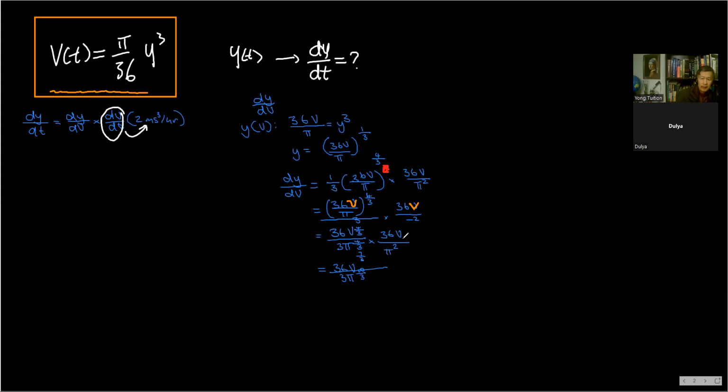You have converted the V to Y. Can you convert the V to Y? Replace V by Y by using this formula, because you have the V needed to be determined, right? Yeah. Both of them are time dependent.